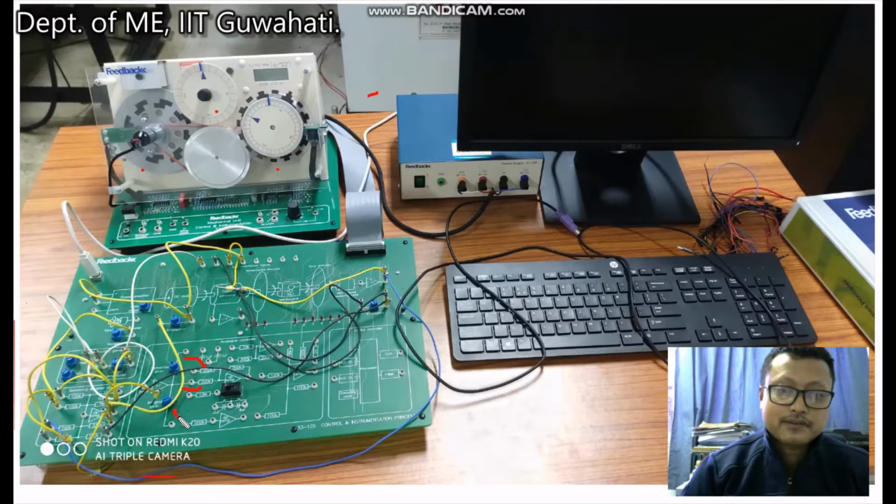Different arrangements are given, and according to the arrangement you can get the particular controller. Next, let's move to the experiment, where you can see the effect of the various controllers.